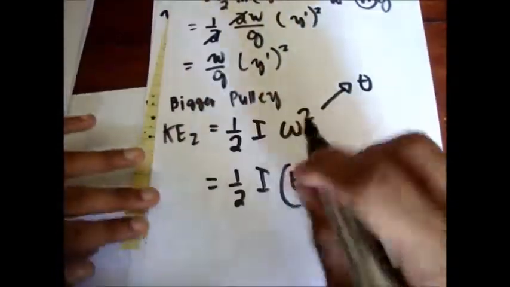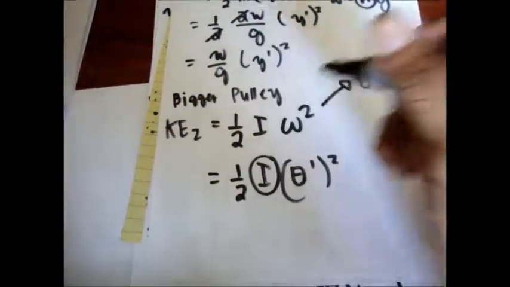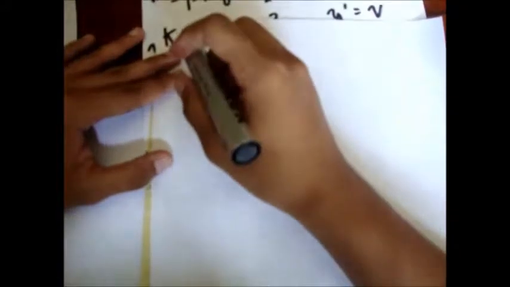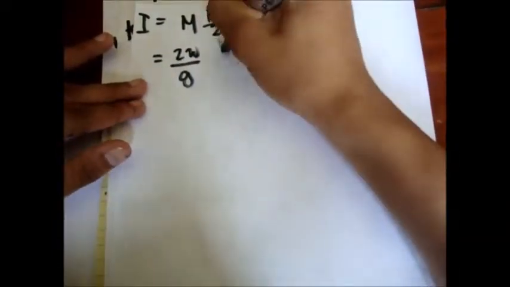Next we will solve for our I. Our inertia is equal to m r squared over 2. Our m for the bigger pulley is 2W over g, times r squared over 2. So we get W over g r squared.